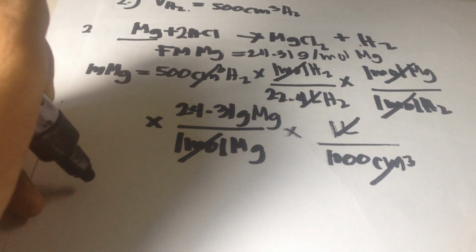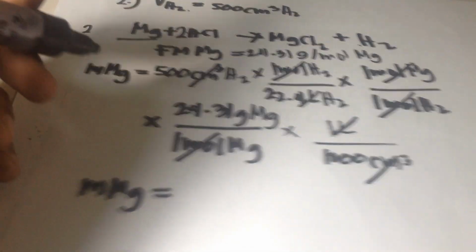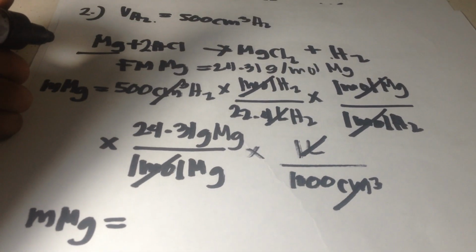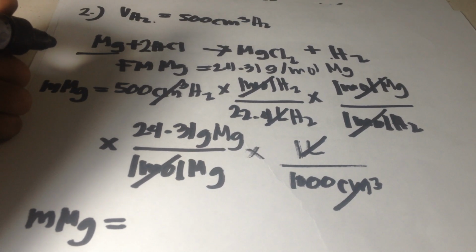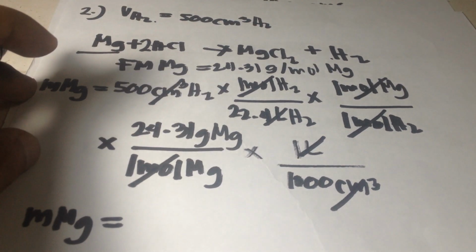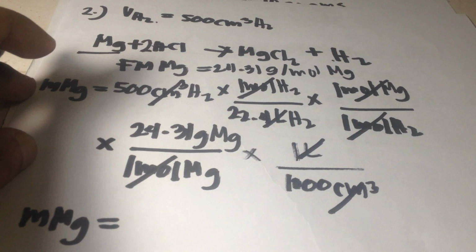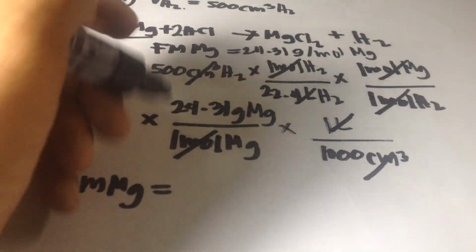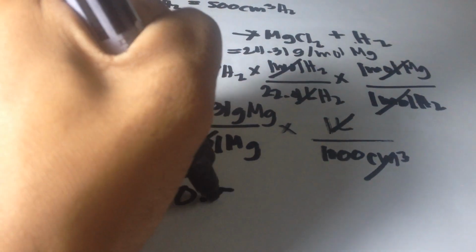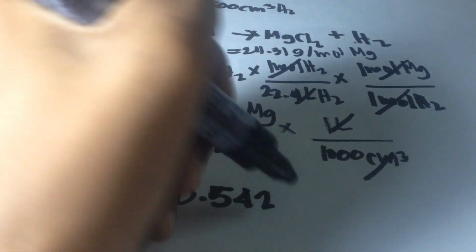So the mass of magnesium is equal to 500 divided by 22.4 liters times 24.31 over 1 times 1 over 1000, which is equal to 0.542 grams of magnesium.